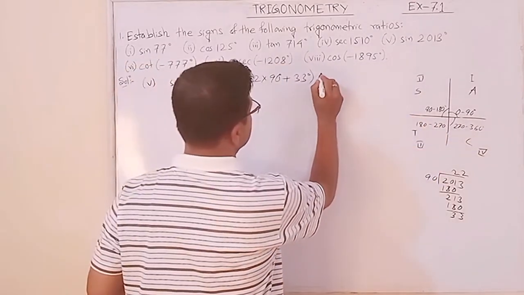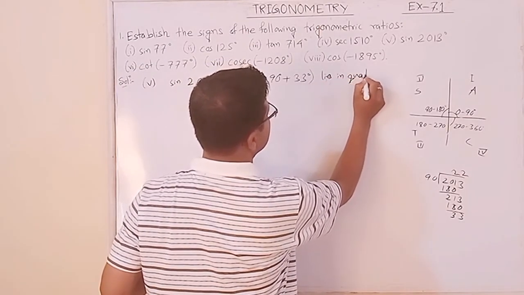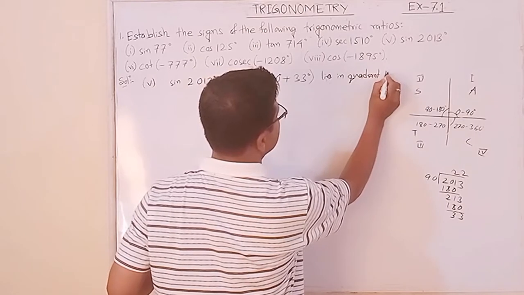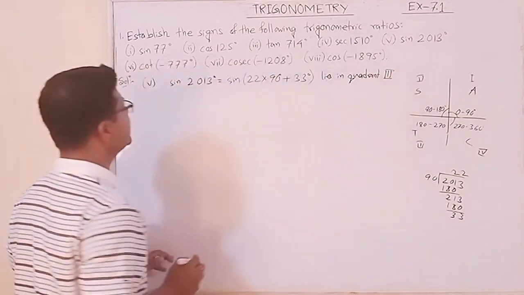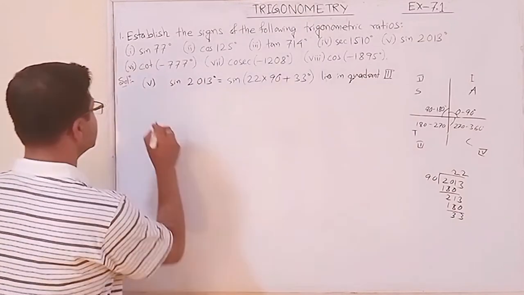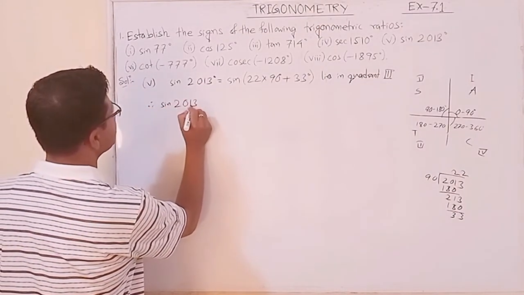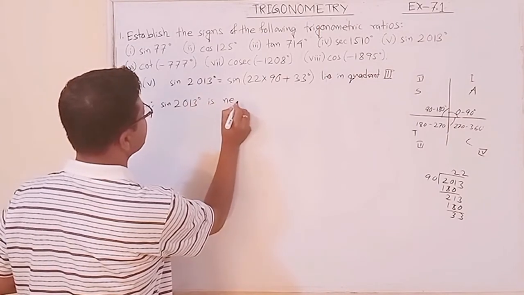It lies in quadrant 3. Now in quadrant 3, tan is positive, sine is negative. Therefore, sine of 2013 degree is negative.